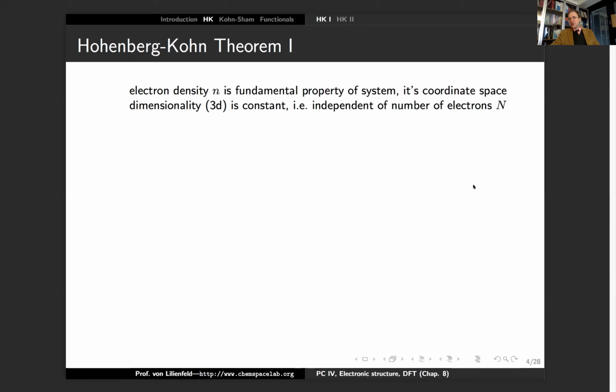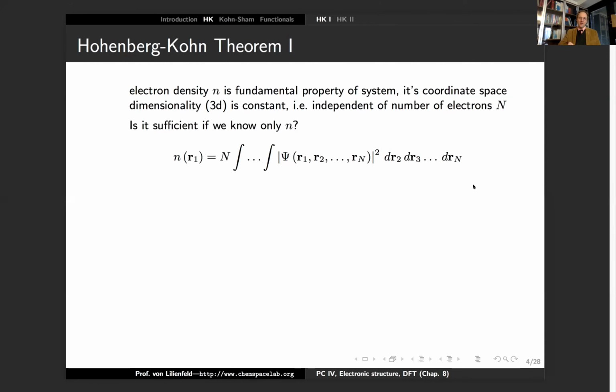So as such, it's an extremely appealing function, and it's quite a preposterous idea that this low-dimensional function should contain the same information as your wave function, which depends on 4n dimensions, so the spin variable and the 3 Cartesian coordinates for every one of your n electrons. Okay, so this is a crazy proposition that the electron density would be sufficient, right?